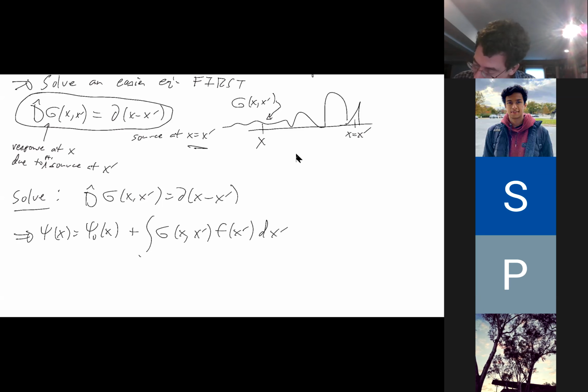And this is all x. And that's the Green's function trick.